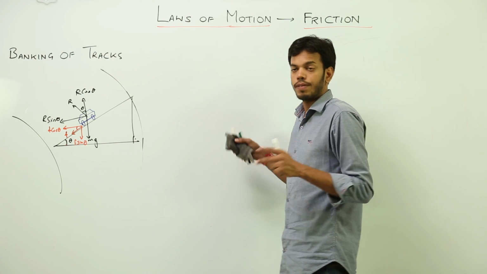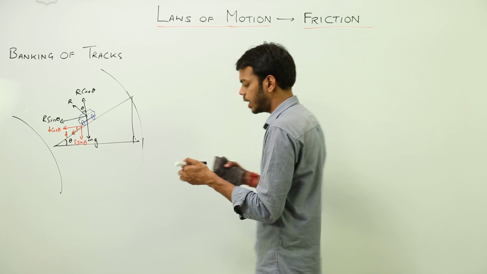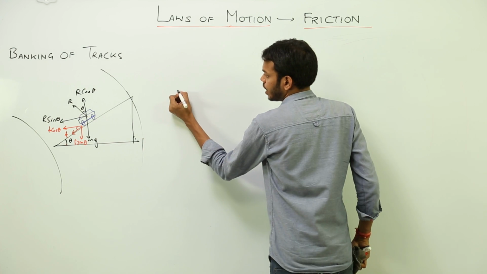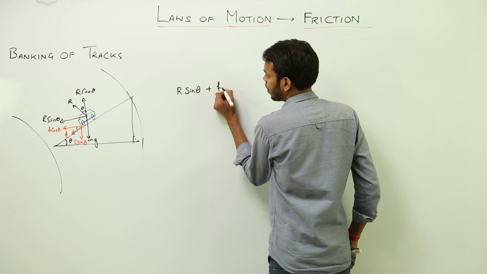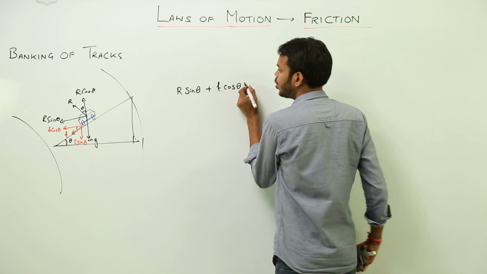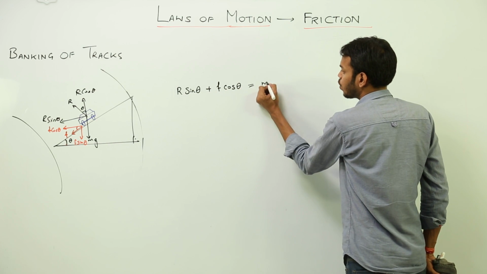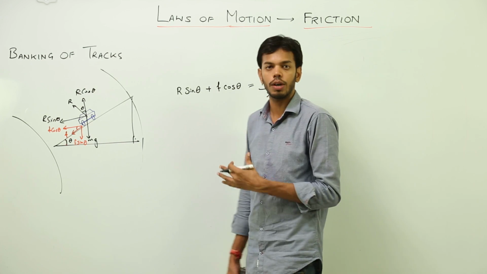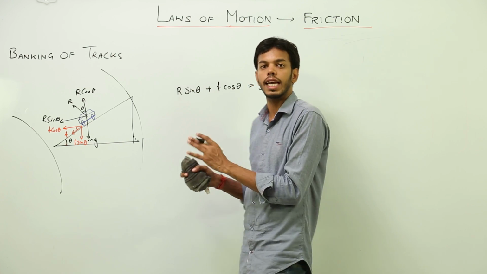Now there are two forces acting towards the radius of the circular path, which are what? This F cos theta and R sin theta. So R sin theta and F cos theta. These two forces are together providing the necessary centripetal force required by the body to move in the circular path, and that is why the dependence on only frictional force is eliminated.